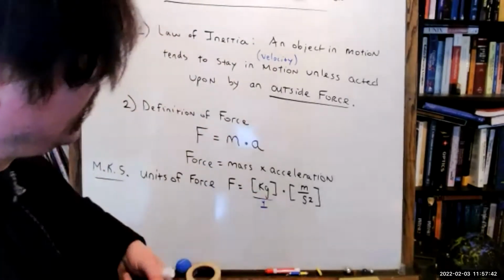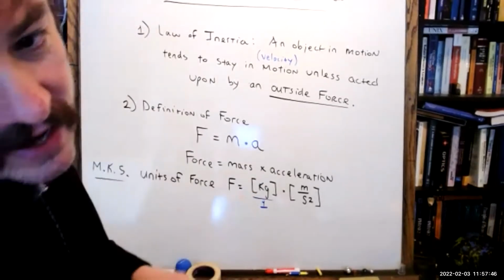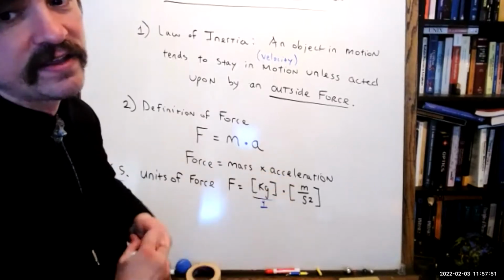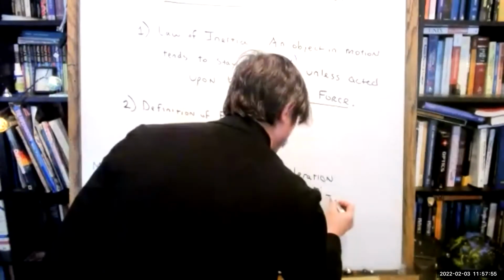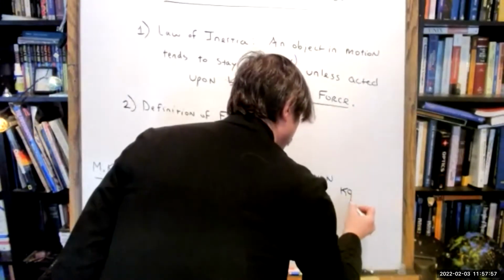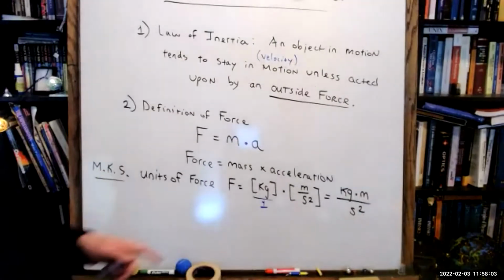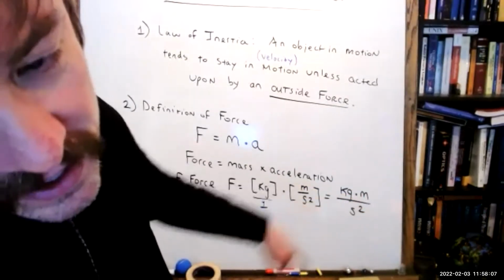So anytime you have a quantity that's just sitting around by its lonesome, think of it as in the top of a secret fraction. Meters are in the top of a secret fraction. Seconds squared are in the bottom. So the MKS units of force are kilograms times meters over seconds squared. And you don't have to say times, you just say kilogram meters per second squared.